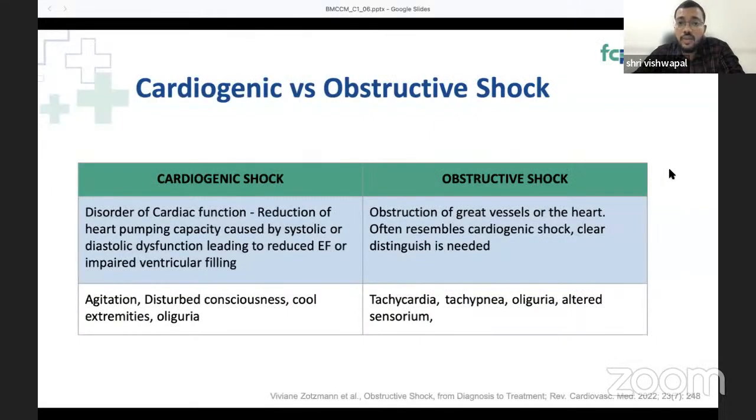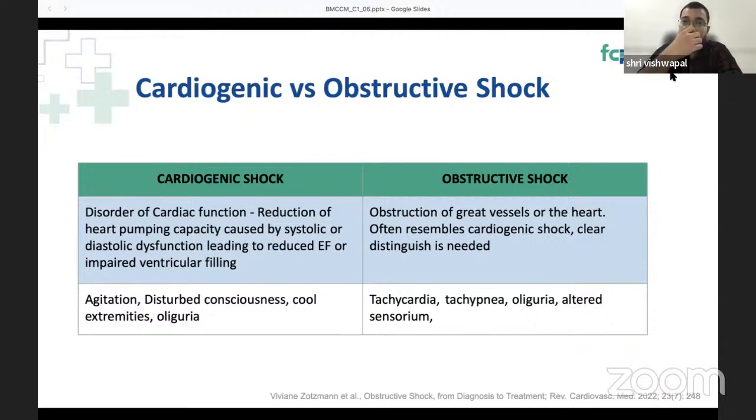Before moving on, I just wanted to give a quick intro on the difference between cardiogenic and obstructive shock. Consider yourself as a cardiovascular system. When you have a personal problem, a problem within yourself, you get annoyed and agitated. That is cardiogenic shock.